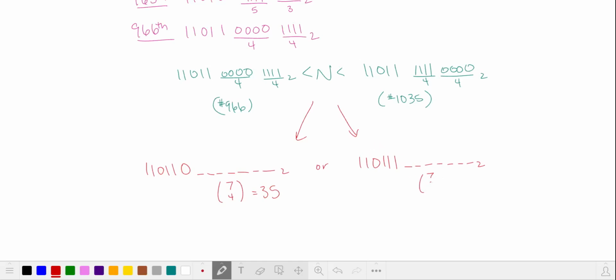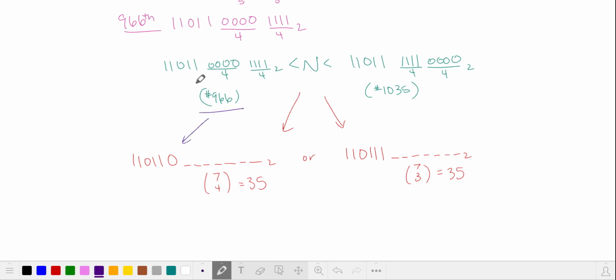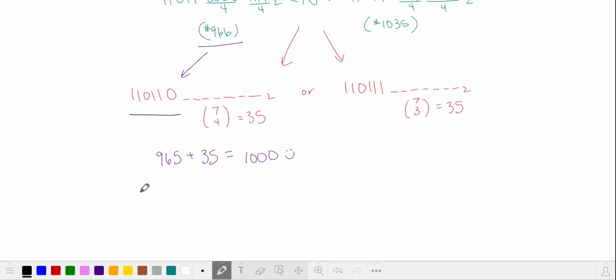We've used up 5 ones, that leaves 3, also 35 ways. The 966th number falls into this category, so we'll start with 965 and we'll add 35. Happily, this adds up to 1,000. So the largest number in this category that begins with 110110, and then we put 4 more ones, and then our 3 remaining zeros. This is our 1000th number, or n.